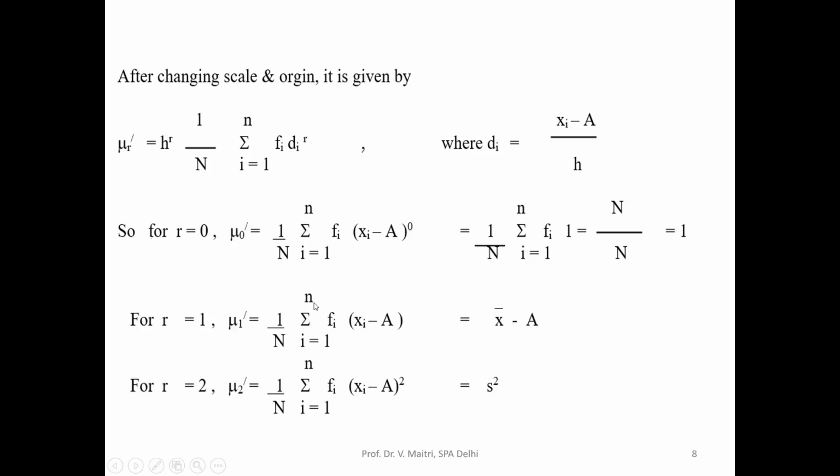The sum of f i x i by capital N is nothing but x bar. So for r equal to 1, mu 1 dash is nothing but x bar minus a, the arithmetic mean minus a, and for r equal to 2 it is nothing but our mean deviation, so that we are able to get it.